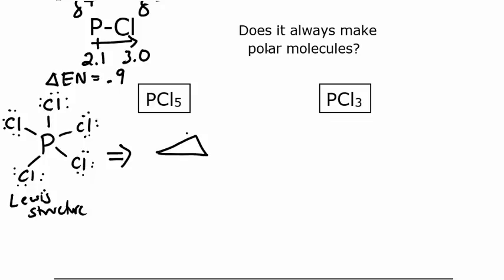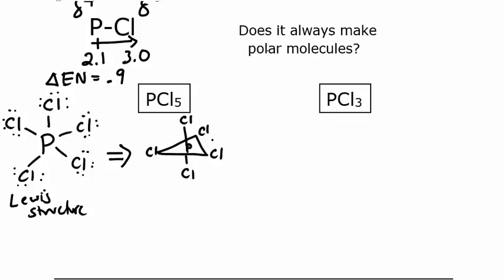We're going to draw it with this triangle as a way to show that 3 of them are in a plane, and one is up and one is down. Okay, so that's the shape. Now, the bond polarities of the phosphorus-chlorine bonds going up and down will cancel each other, and the 3 in the plane will cancel each other.